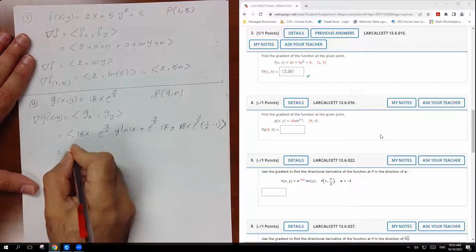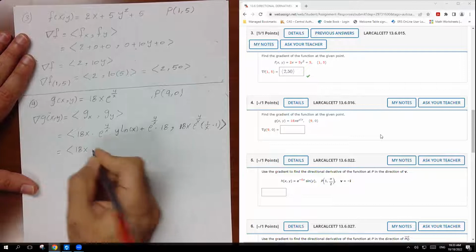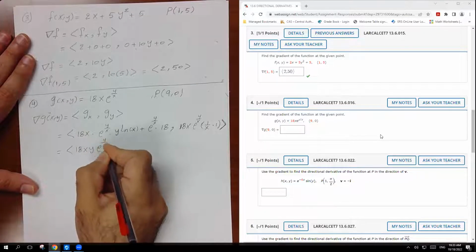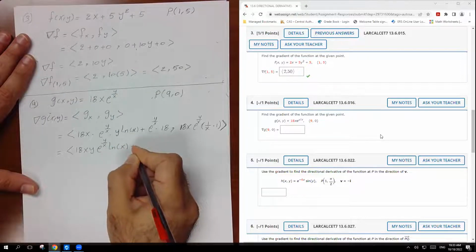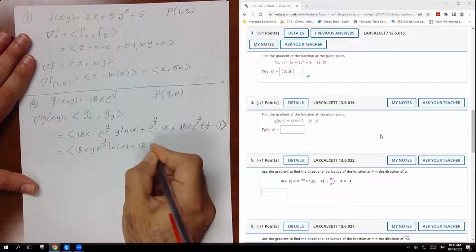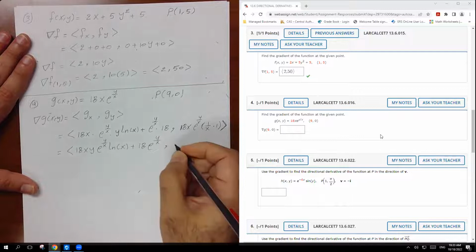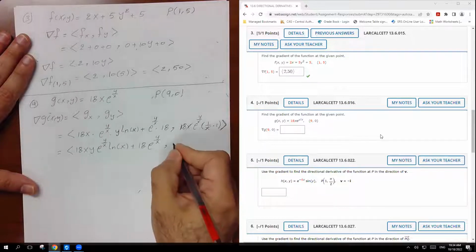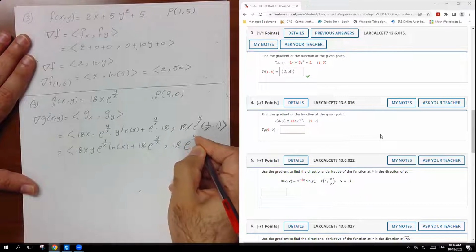Here is going to be 18xy e to the y over x ln x plus 18 e to the y over x, where the x cancels with the x, so it's just 18 e to the y over x.